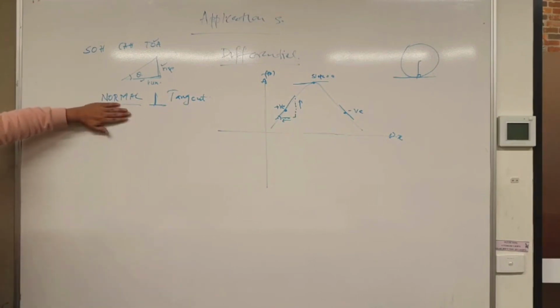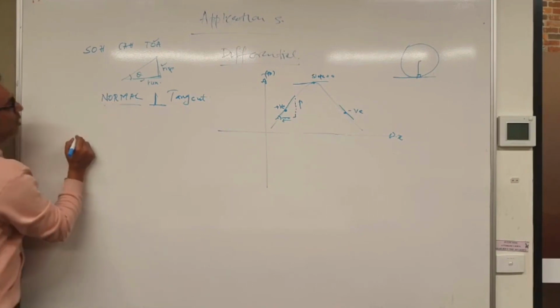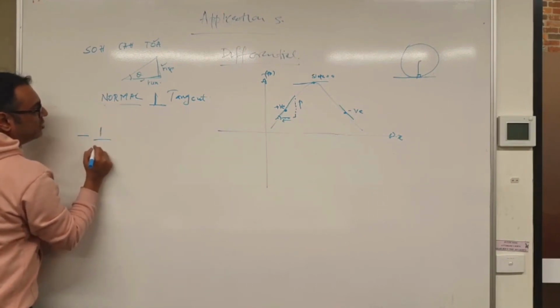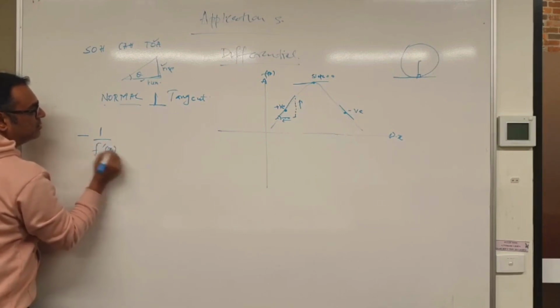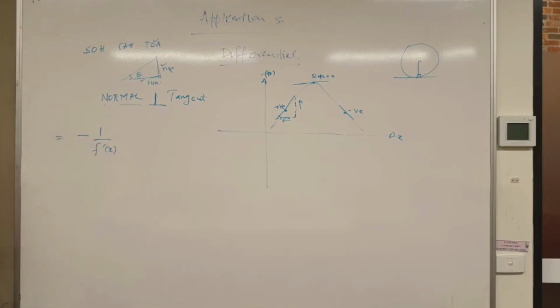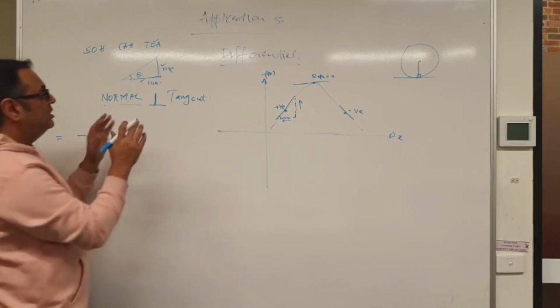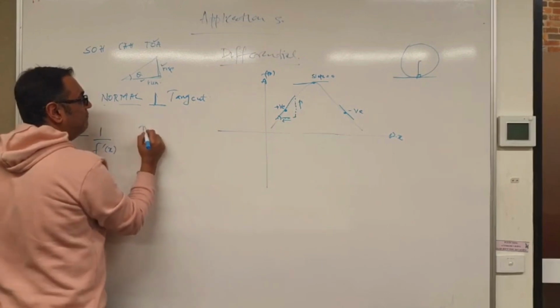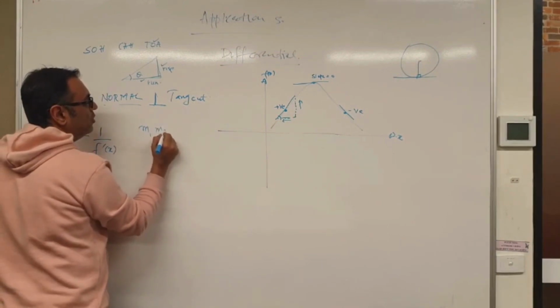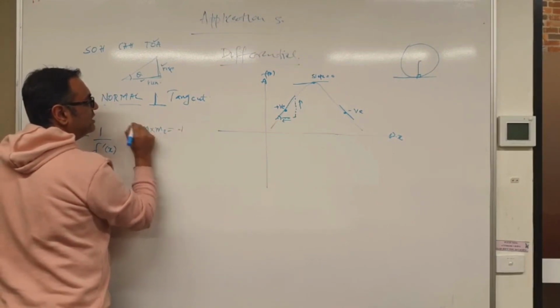So the differential, now hear me out loud and clear. The differential of the normal, or the gradient of the normal, because that's one and the same thing, is always 1 over the gradient of the tangent, with a negative sign. Why? Because when two lines are perpendicular to each other with slopes m1 and m2, the product is always -1.